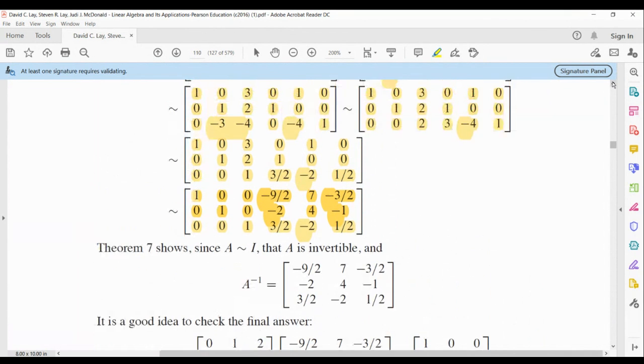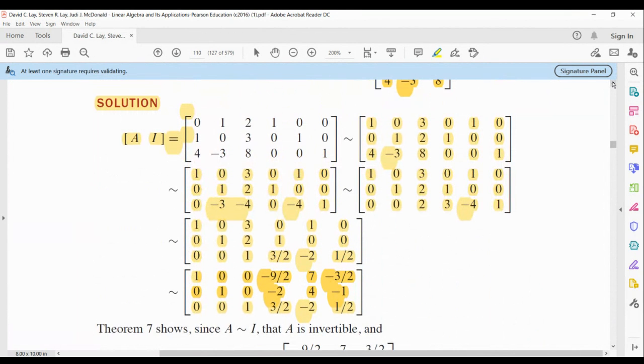And the reason this works is because the row operations that reduce the matrix A to the identity matrix are the same row operations that transform the identity matrix into the inverse. That's why they put the identity next to the matrix A in the beginning.